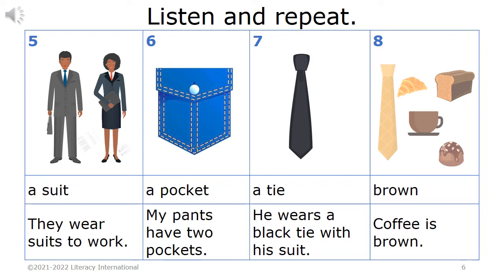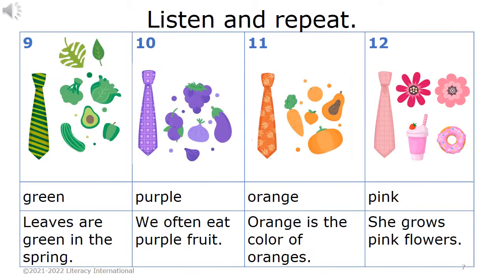8. Brown. Coffee is brown. Listen and repeat. 9. Green. Leaves are green in the spring. 10. Purple.